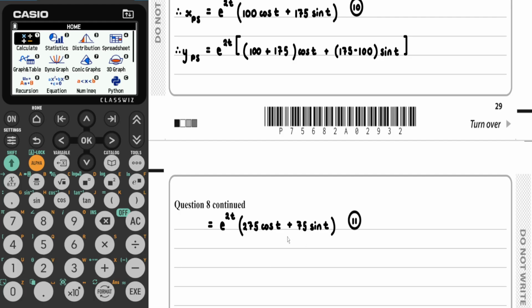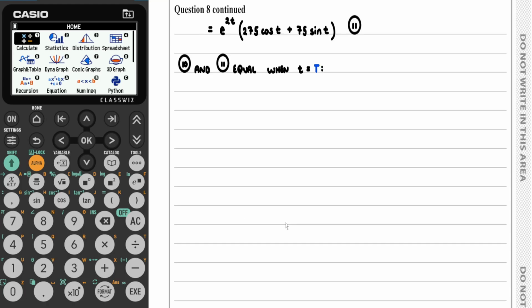We know that these equations 10 and 11 are equal when t equals t, so we need to set them equal to each other. So I've got x, which is e to the 2t times (100 cos t plus 175 sin t), and this is equal to e to the 2t times (275 cos t plus 75 sin t).